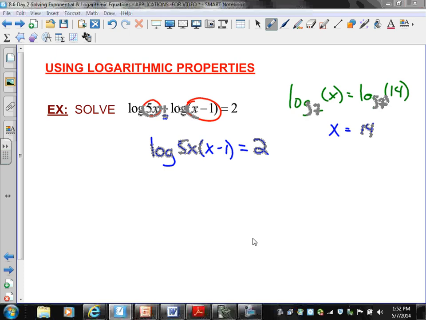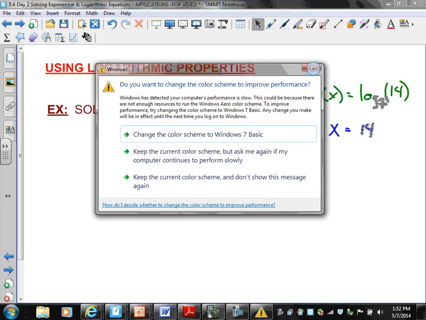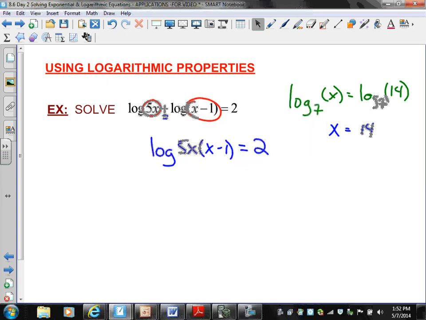So I have a log equation. I'm going to solve that by changing it to exponential form. I'm going to take my base, which of course is 10, and say 10 to the 2 equals all this stuff in here.